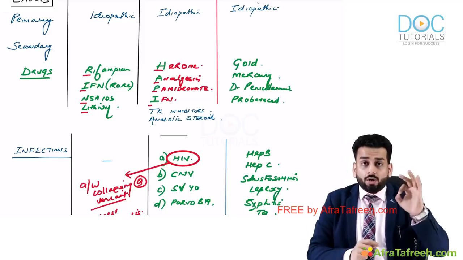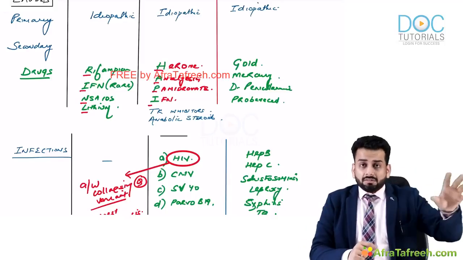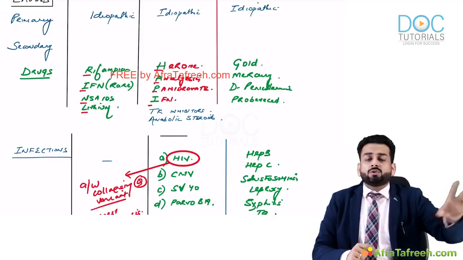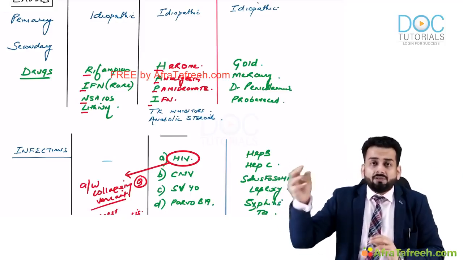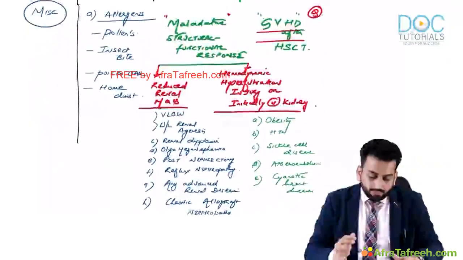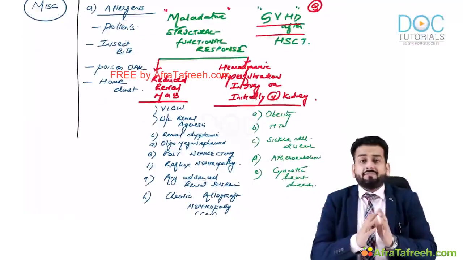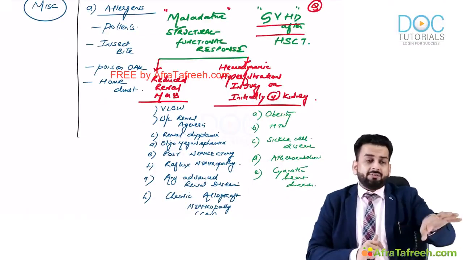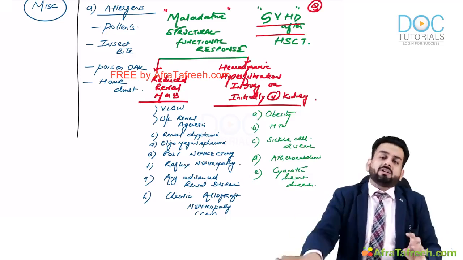Last but not the least, the miscellaneous causes. Here you have the pollen grains or the allergies, the poison oak, the house dust. Here you have graft versus host disease, and very, very important, the miscellaneous causes of FSGS, which are the maladaptive responses, either to initially normal functioning mass or to reduced nephron number.